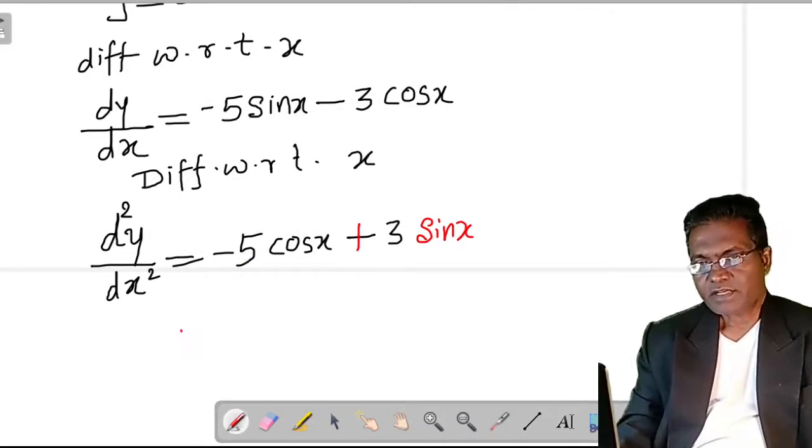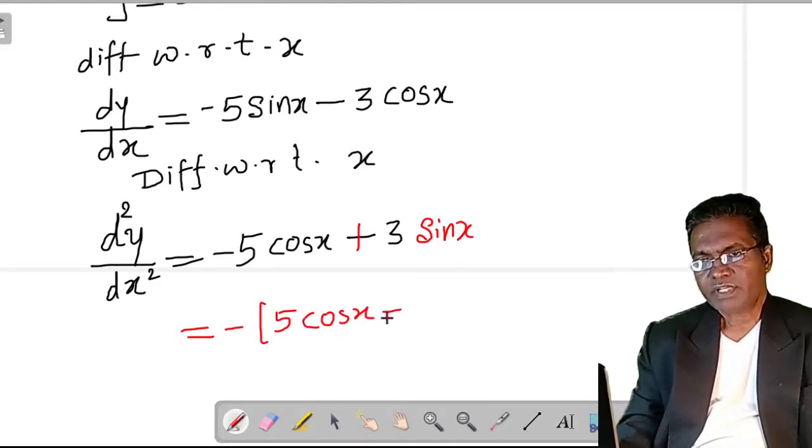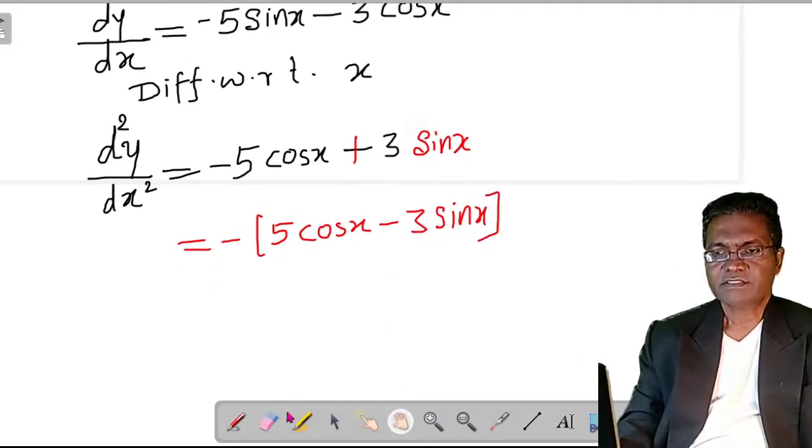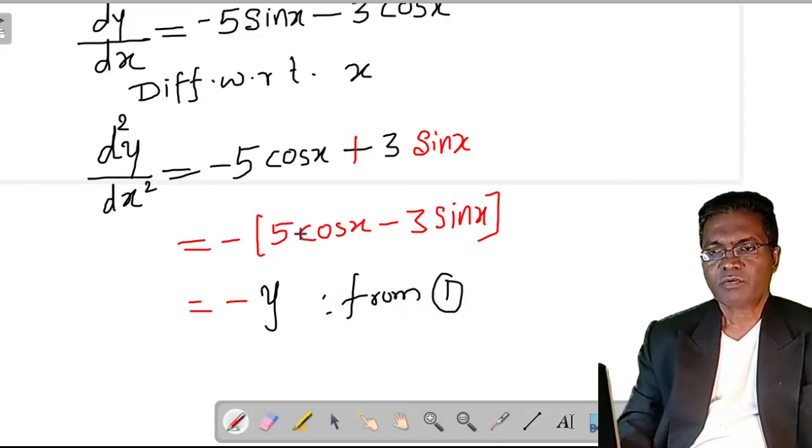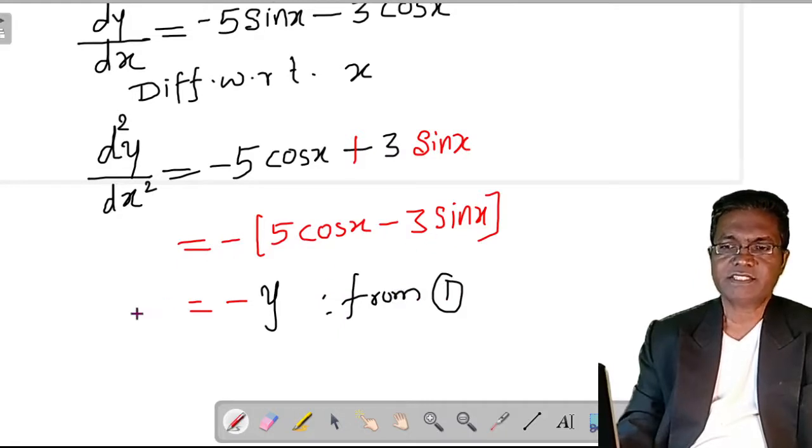Now take minus common from this. If you take minus common, this becomes minus 3 sin x. Minus is taken because we have to express in terms of y, so this turns into your y. If you compare this with your given y, from 1 you can check, your y is 5 cos x minus 3 sin x.